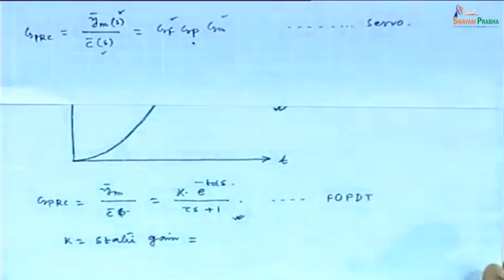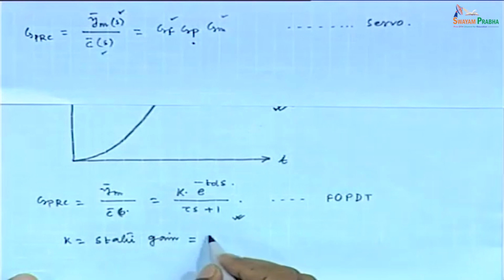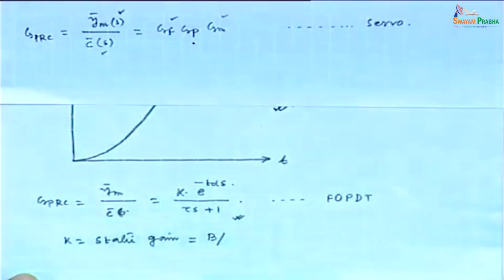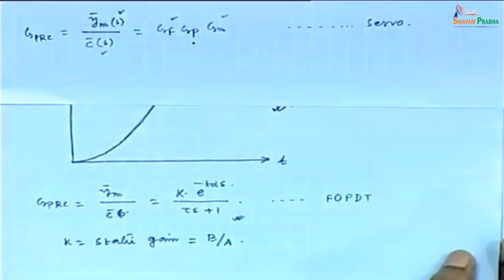Now, can you find the expression for K? Change in output, that is B, divided by change in input, that is A. Agree? Gain is the change in output divided by the change in input. Next one is the Td.